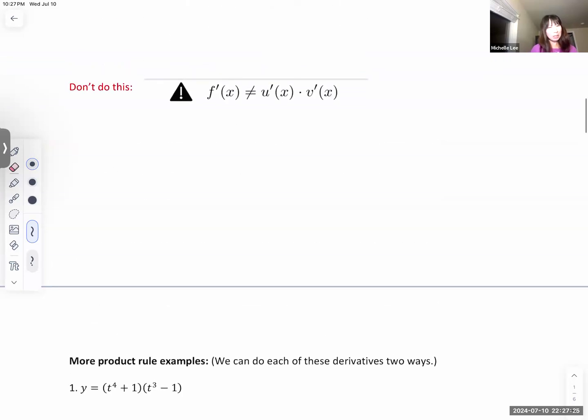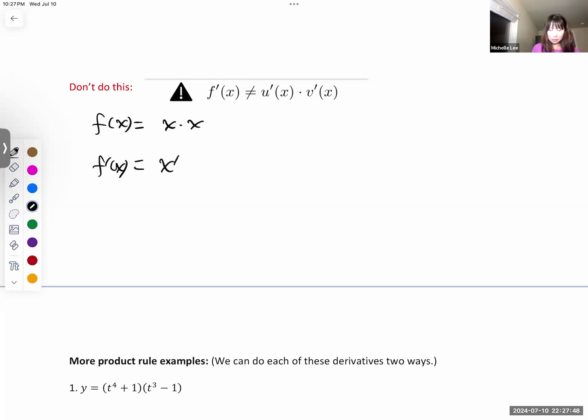Should I do that example? Okay, let's do an example. So common mistake. We have f of x equal to x times x. Then some people do that: x prime and x prime. So there will be 1 times 1, which is 1.